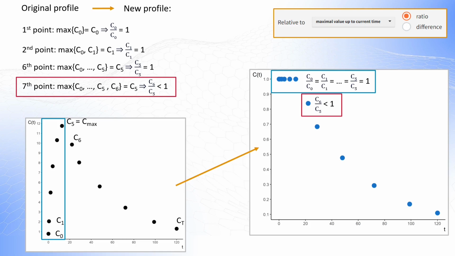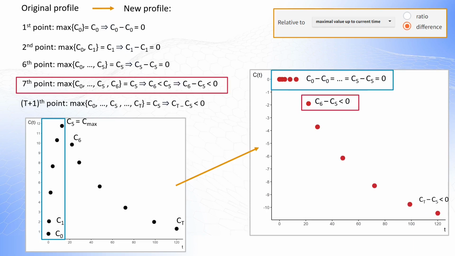Therefore, C6 is divided by C5, and this principle is carried on. To summarize, the value of the current time point is divided by the maximum up to this time and not by the global maximum in the profile. The calculation of the new profile based on the difference follows the same principle.